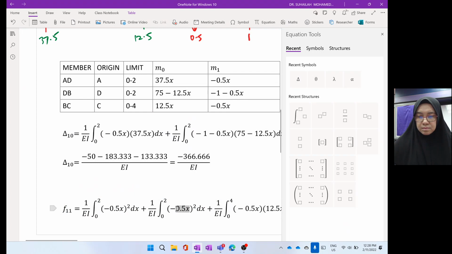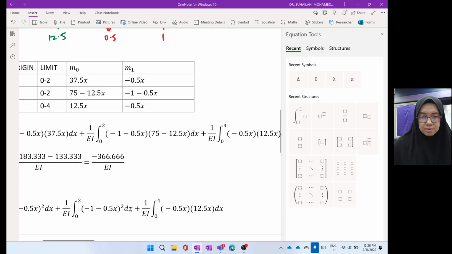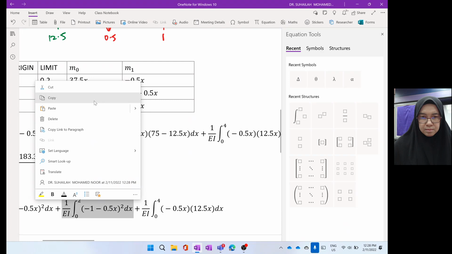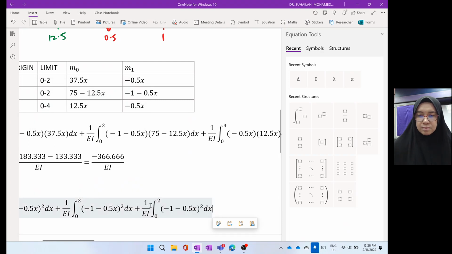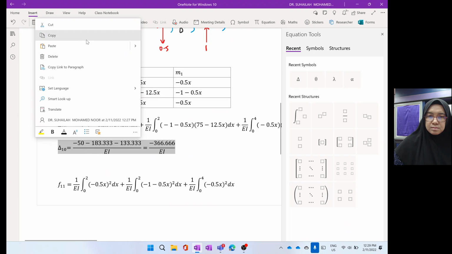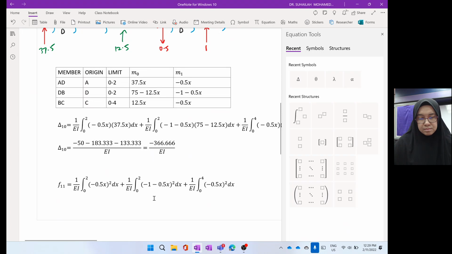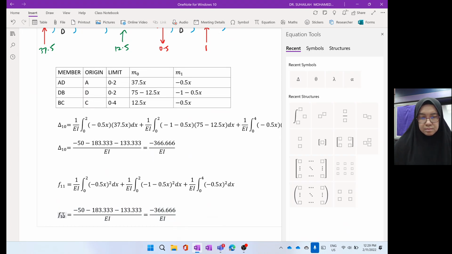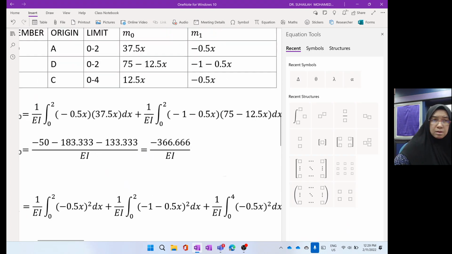Any question? Do you understand? Easy, right? Do you get delta 1 node, do you get the same?